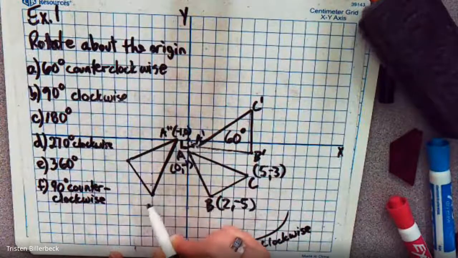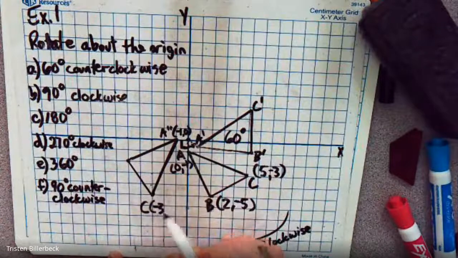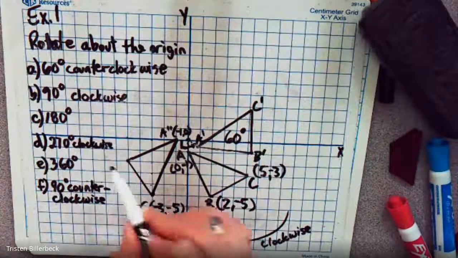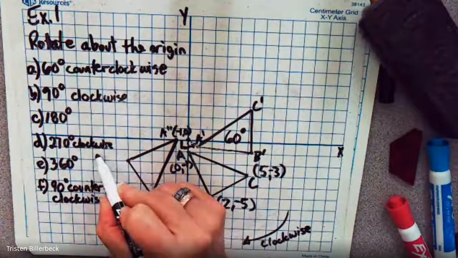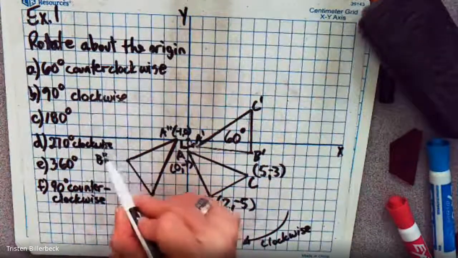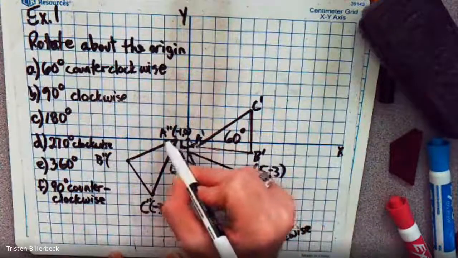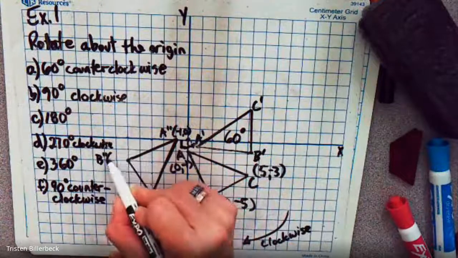And C ended up at -3, -5, and that's C double prime. And B double prime ended up at, that was 1, 2, 3, 4, 5, so -5, -2.